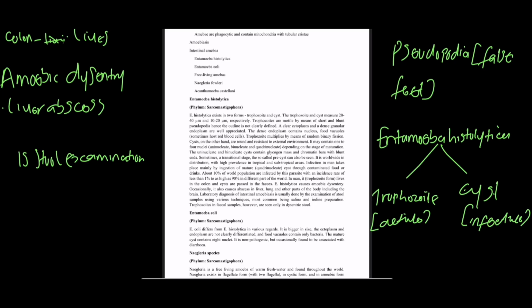Then the other example of amoebiasis is the free living amoeba. Let's discuss the free living amoeba, which is another example of amoebiasis. They are found in fresh water.